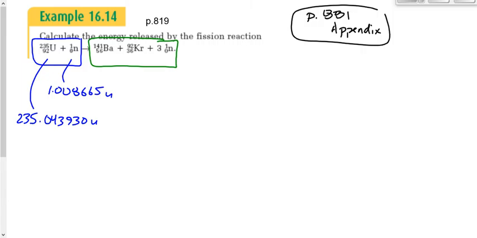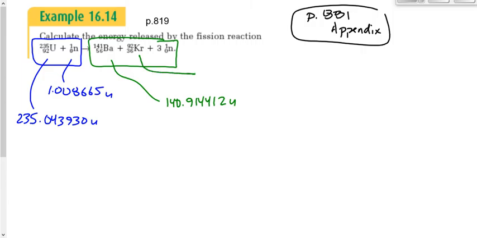Now, on the right-hand side, the daughter nuclei, barium-141 has a mass of 140.914412 atomic mass units.